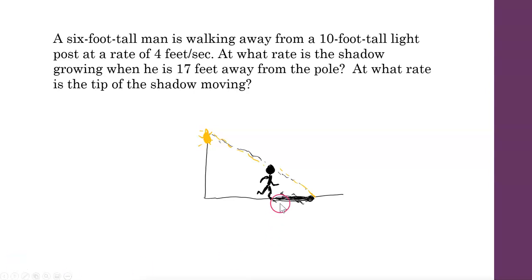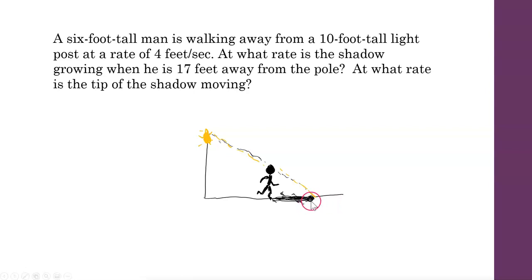So we have a man walking away from a light post. The light post is taller than the man, and we end up with a shadow on the ground created by the man blocking the light. The shadow would be in front of him, and as he walks away from the light post, the size of the shadow changes, and it's going to keep getting longer and longer.